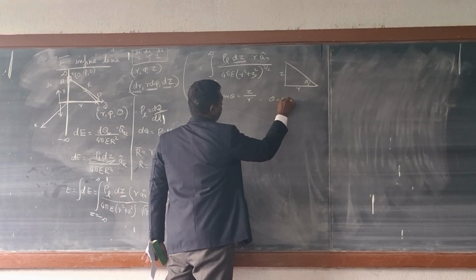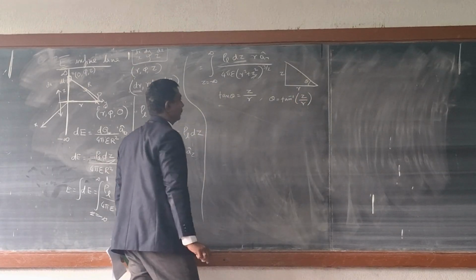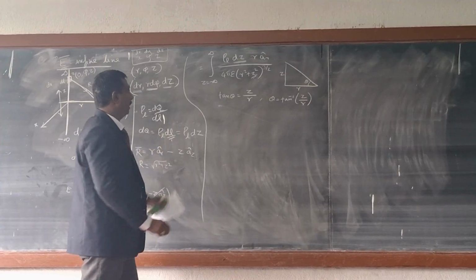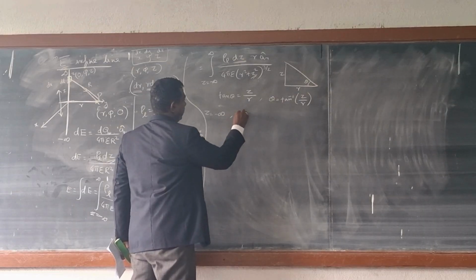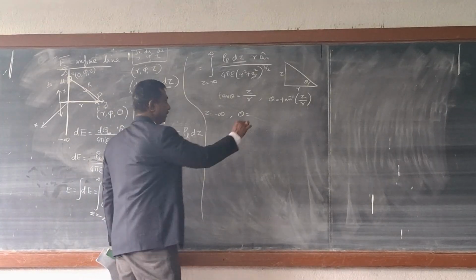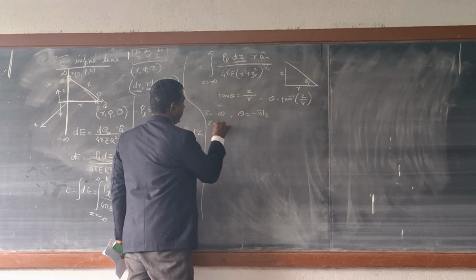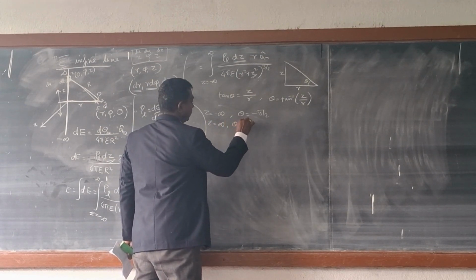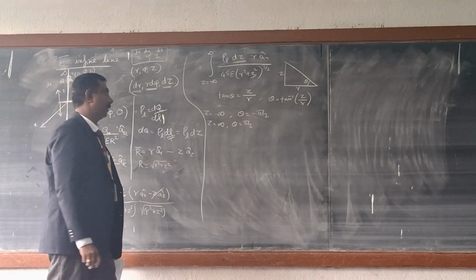Theta equal to tan inverse Z by R. When Z equal to minus infinity, if you substitute this, theta will be tan inverse of minus infinity, which is nothing but minus pi by 2. When Z is equal to infinity, theta becomes tan inverse of infinity, that is pi by 2.